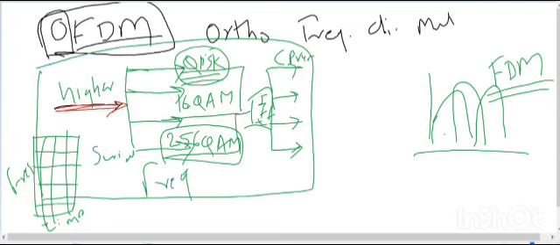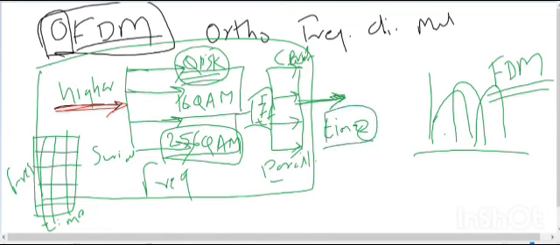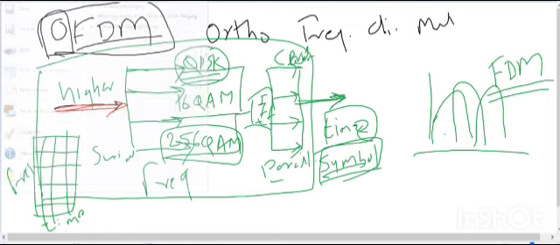Then we convert the parallel data into serial data, and it is transmitted over the air in the time domain. These are the TX samples transmitted from the TX end.